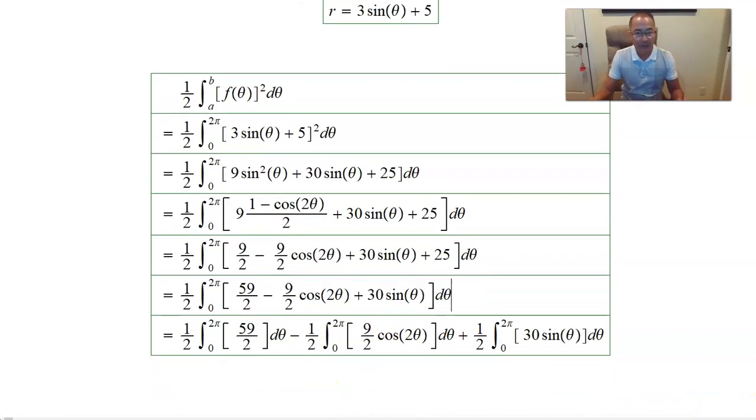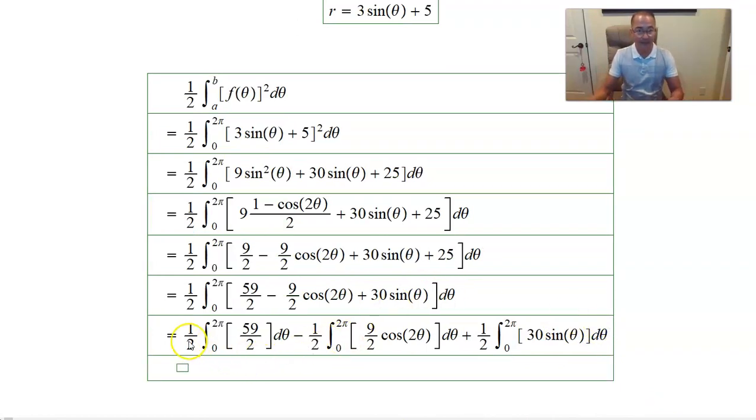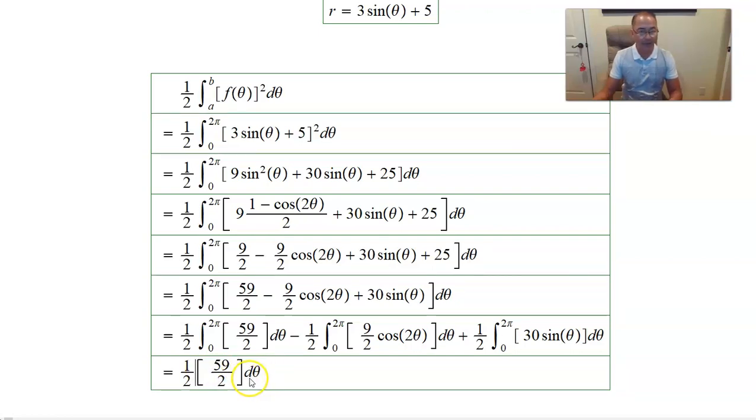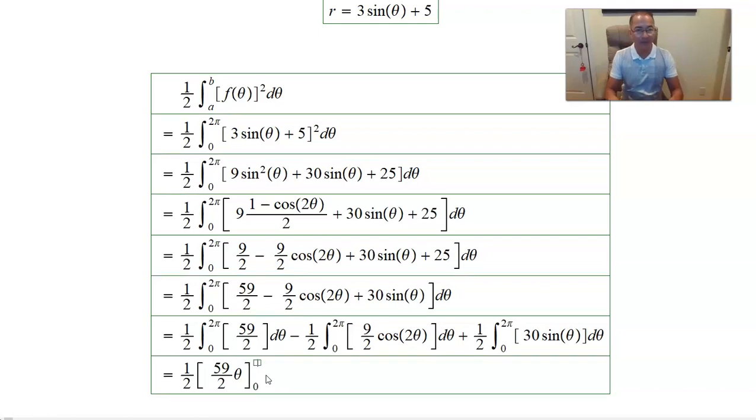Which means that the only survivor is the first integral, this part. And of course, we only have a constant over there. So integral from 0 to 2 pi, when we integrate, we will just get 59 over 2 theta. And the limits will be from 0 to 2 pi.